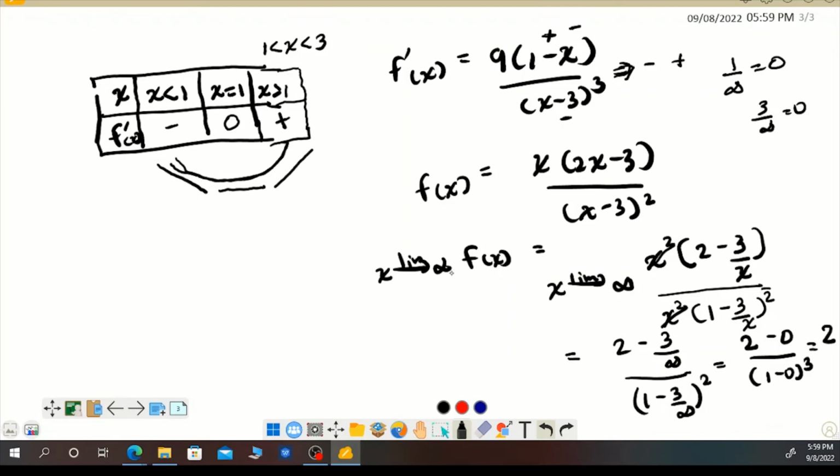So when x is going to positive infinity, f(x) is going to 2, and when x is going to negative infinity, you can substitute negative infinity and also see the graph is going to positive 2. So I found the limits of the graph at positive infinity and negative infinity of x.